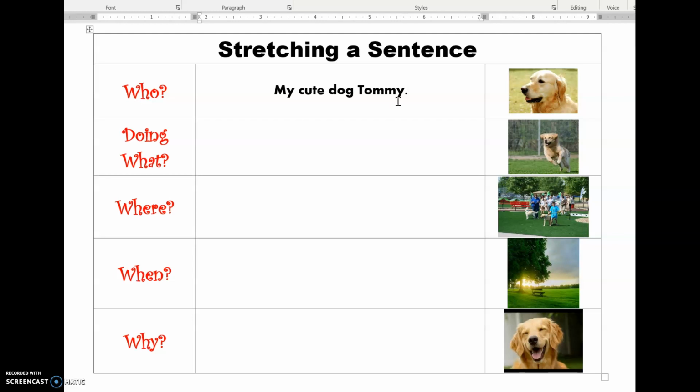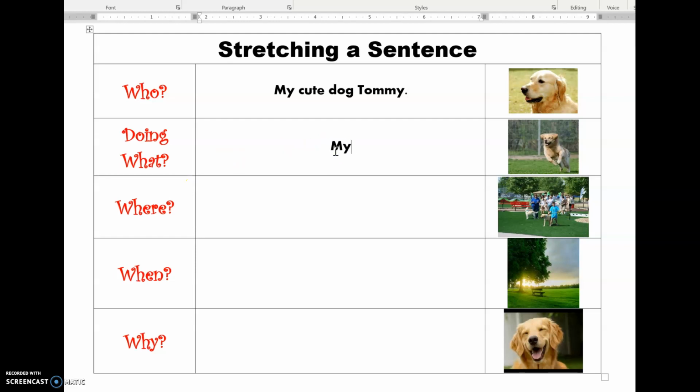That's my sentence. Does that tell me a lot? My cute dog, Tommy. It just tells me I have a dog, the dog is cute, and the dog's name is Tommy. But I want to write more about Tommy, right? So I'm going to think, what does Tommy like doing? What does he like doing, right?